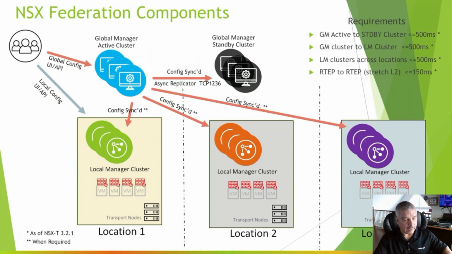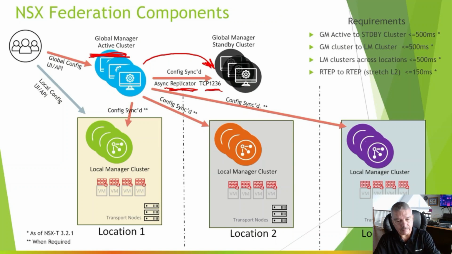The other thing I want to point out is that when you make a global configuration over here, the active cluster will synchronize it, sending it over to the standby, so the standby is up to date. Notice it's using this thing called an async replicator, which is relatively new because of Federation. And notice the port it's using, 1236.